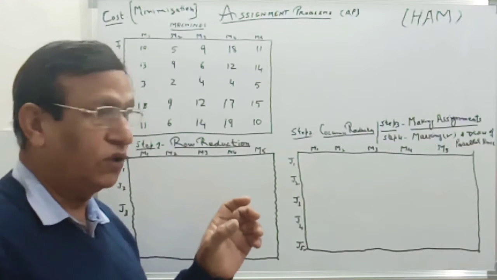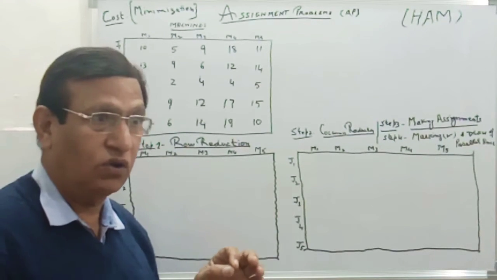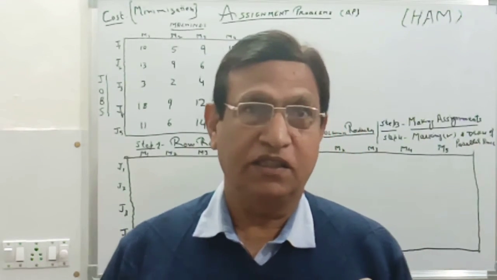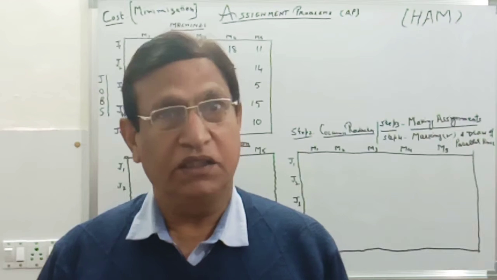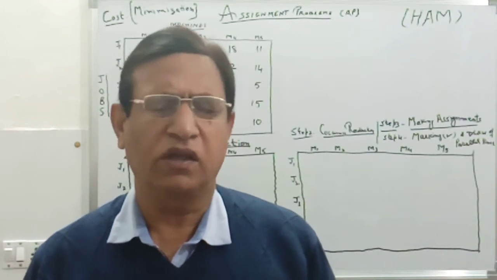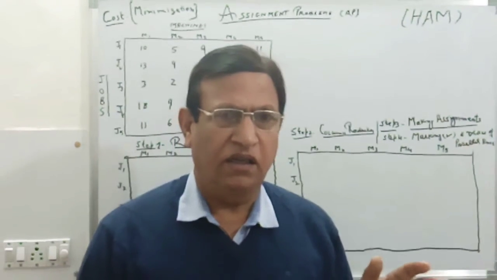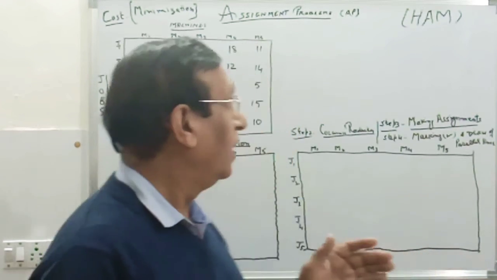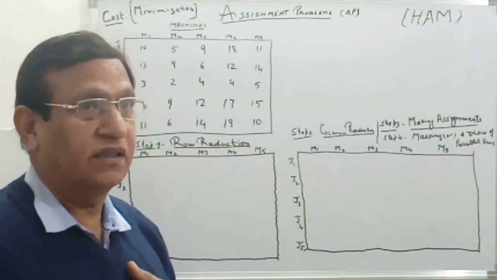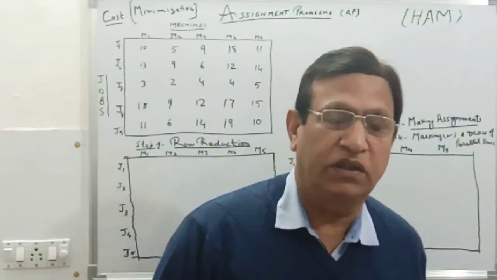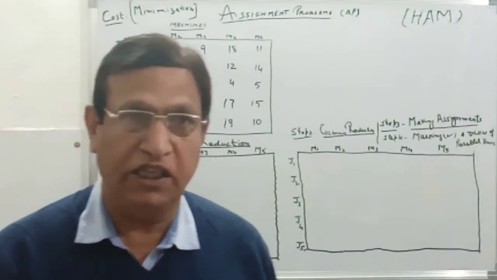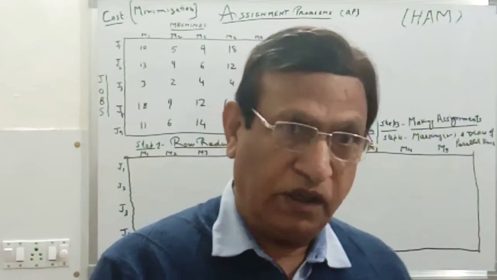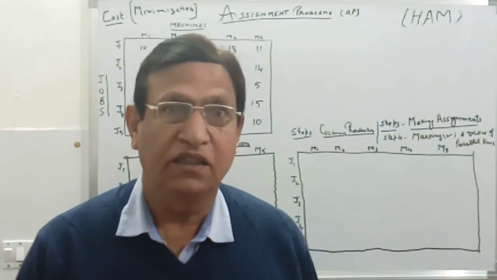So the objective of assignment problems is always of two types. One is maximization and another is minimization. This objective is almost everywhere, with every trade and industry and the common man also. What do we want to maximize? We want to maximize our profit, our sale, output, production, our efficiency.